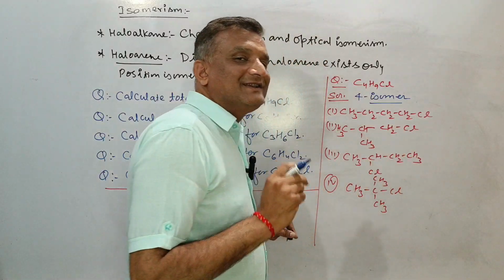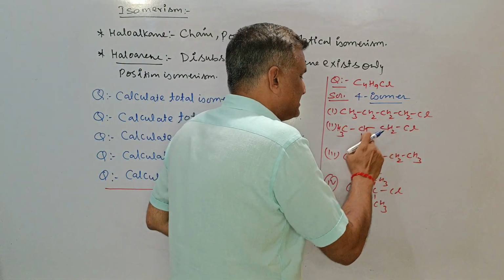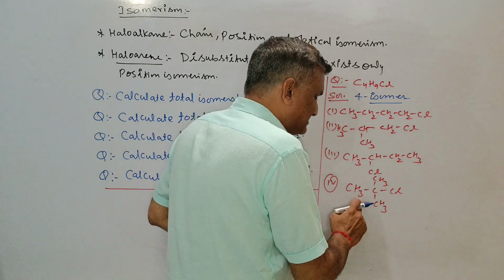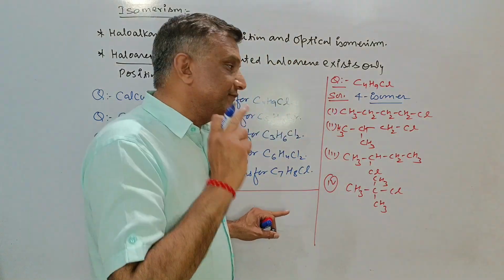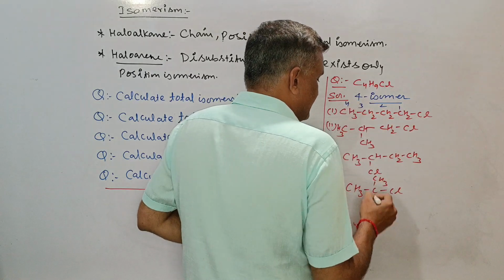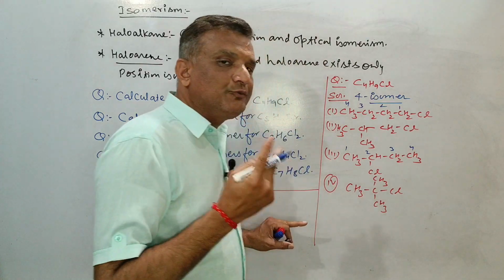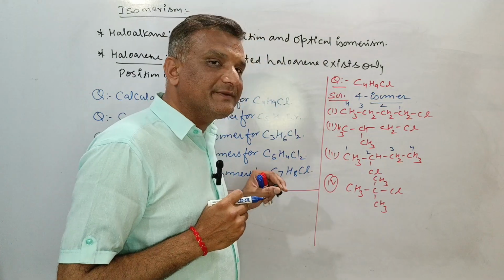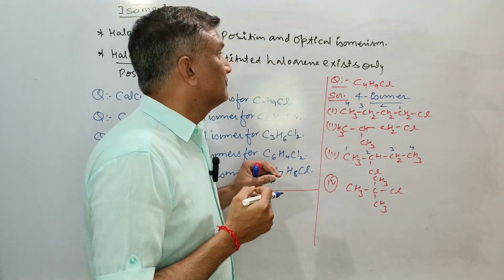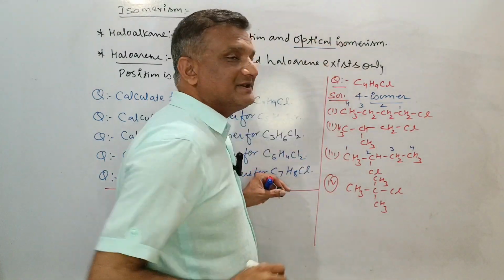which are chain as well as position and optical. How? Chain: this is the normal chain, this is the iso chain, this is the secondary, and this is the tertiary. If you go with the position, this is the number 1 position, this is the number 2 position. So there are 2 position isomers and 4 chain isomers. Another is optical isomerism.